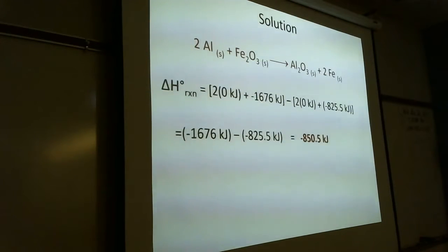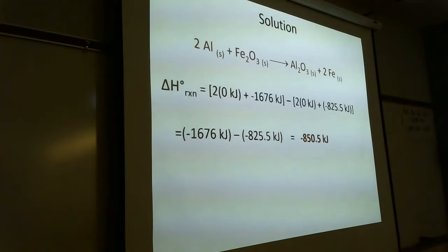That's what I got. Again, assuming my sig figs in my table are very, very analogous to yours. Did you get something very close? Again, your rounding might be slightly different based on the number of sig figs in your answer. If yours came out to be negative 851 or negative 850.3, that's not a major difference.